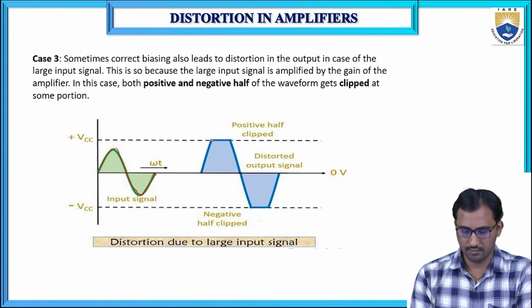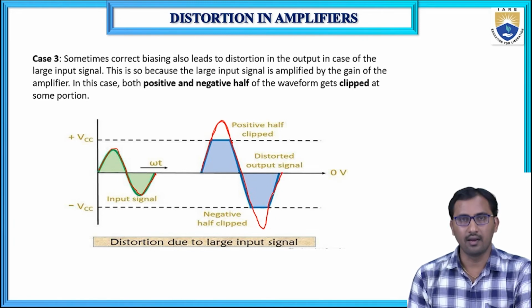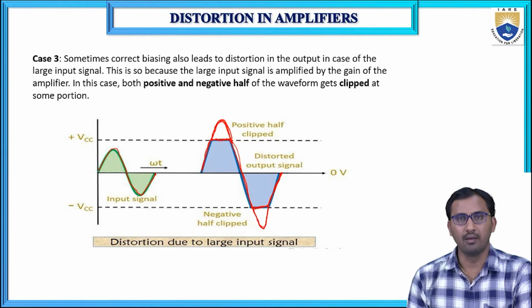So see here, you are supposed to get the waveform in red color, but you are getting only the shape like this. That means there is clipping at the positive peak and negative peak. This is due to a very high input. So this is the third case.